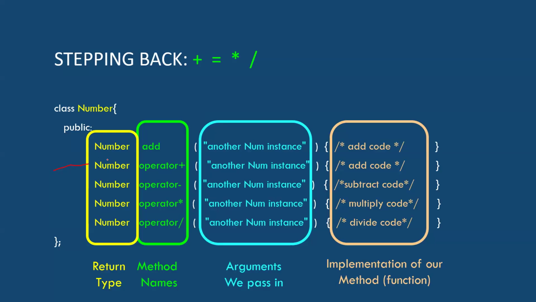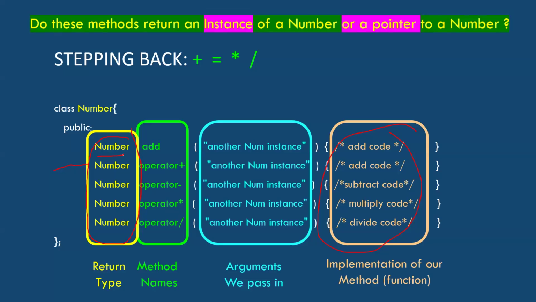For the moment, just note that we're returning a copy of whatever it is we create in here. We take a little snapshot like we got a photo camera and we push that back through the pipe. So even if it's a temporary variable in here, when I return that temporary variable, if it's an instance, it's going to make a copy of that and back it goes to whoever called that particular method.